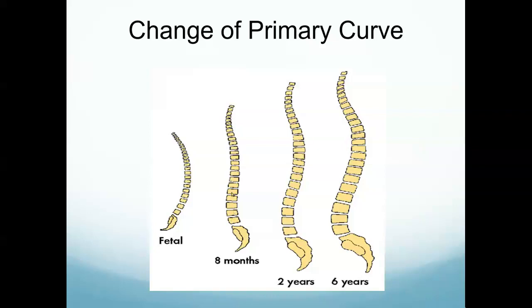Then you can see the development of the lumbar and the cervical occurring. And then we tend to have the S shape at about year 2. By year 6, it is definitely prominent, where we have the kyphotic curve. These two are the primary curvatures. The lordotic would be the cervical and the lumbar.